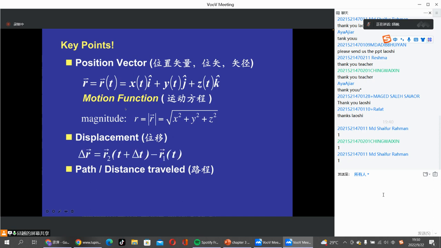And then we learned the displacement. The displacement is expressed with delta r, and it is calculated with two position vectors.